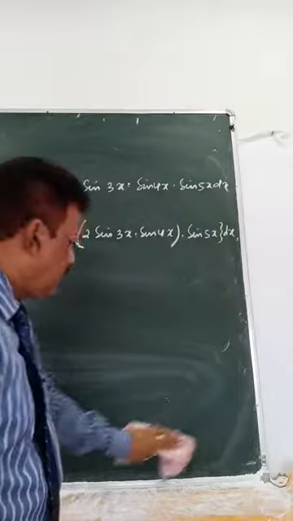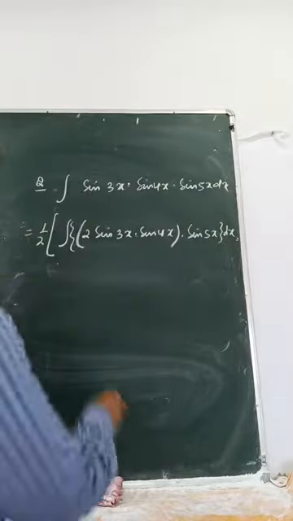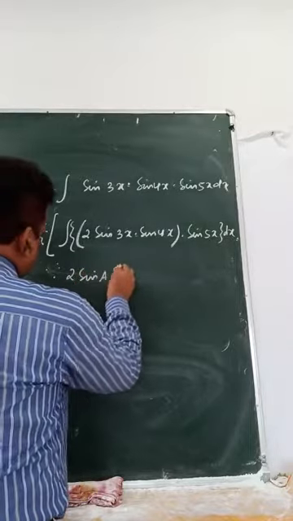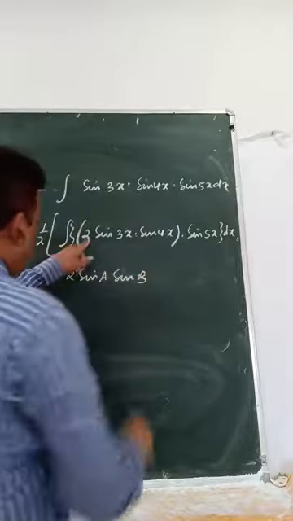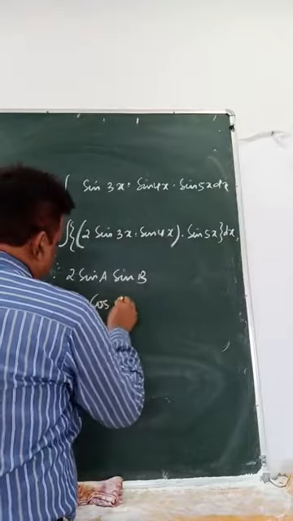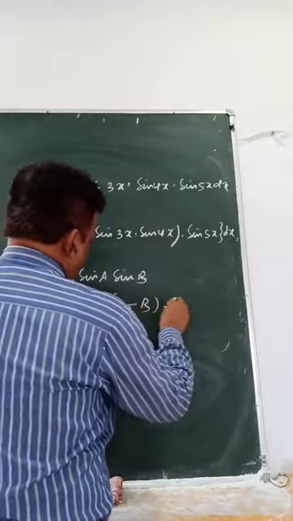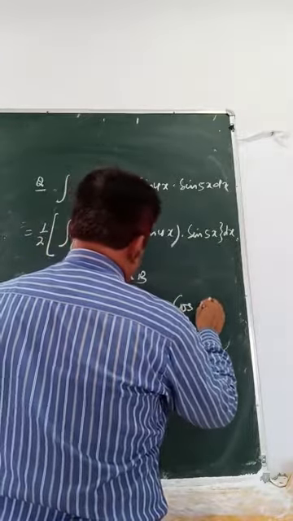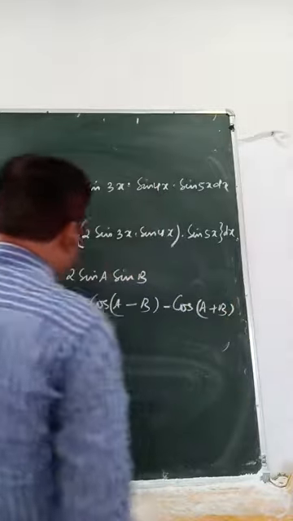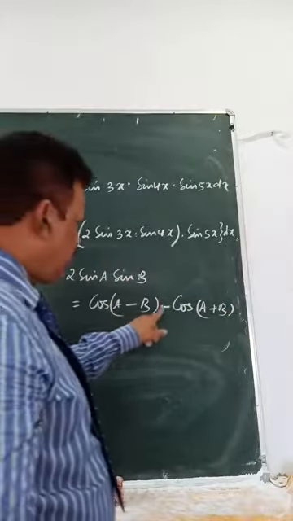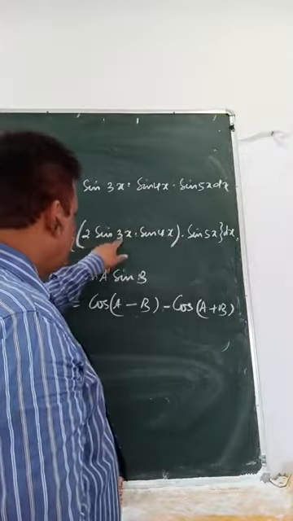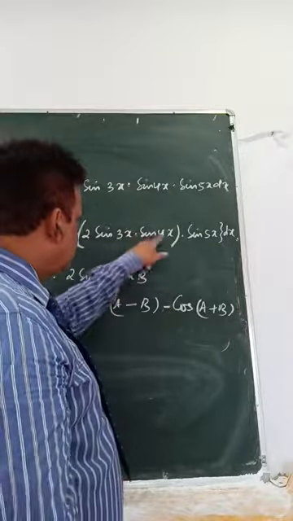Then which formula here? 2 sin a sin b equals cos difference minus cos plus. This is how you remember: cos of a minus b minus cos of a plus b.